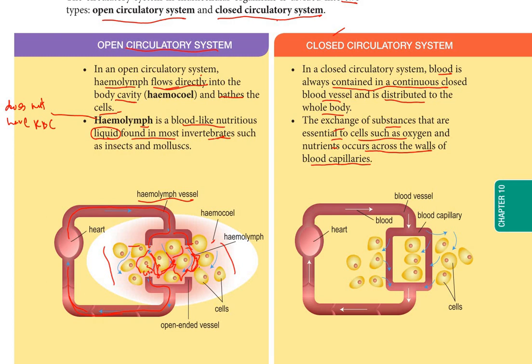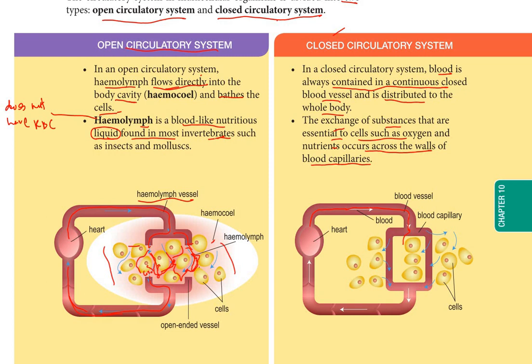So blood from the heart will flow in the blood vessel, maybe in an artery, and carry all the oxygen, and the blood vessel goes to enter the blood capillary. In the blood capillary, the blood does not flow directly into the cells or surround the cell like hemolymph.